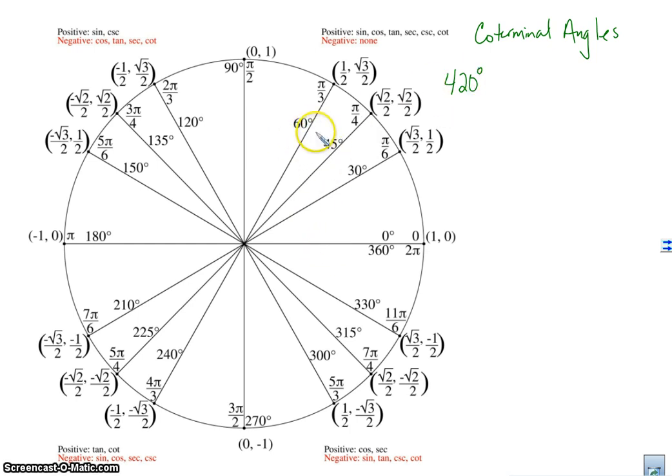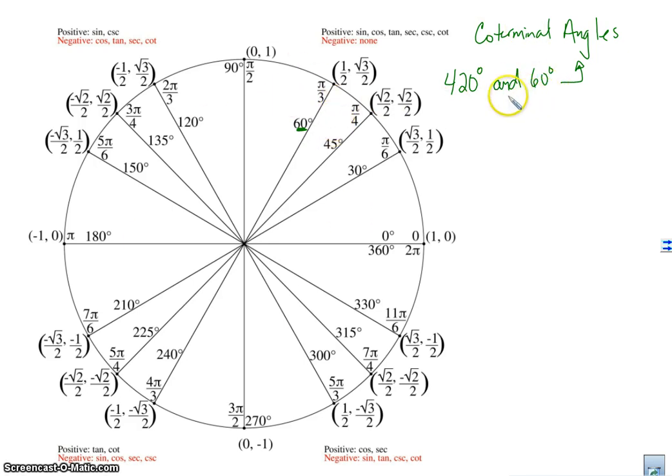So 420 degrees is going to land on 60 degrees right here. 420 degrees and 60 degrees are called coterminal angles because they land on the same spot. Coterminal meaning their terminal side, where they stop, is going to be the same, the same coordinates.